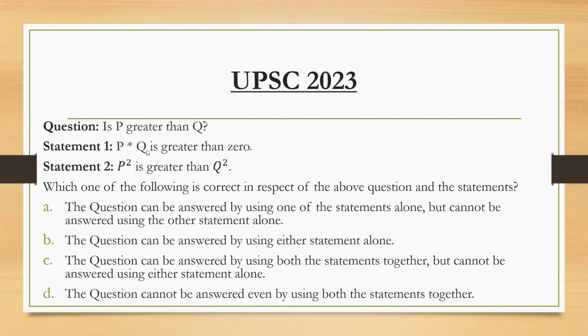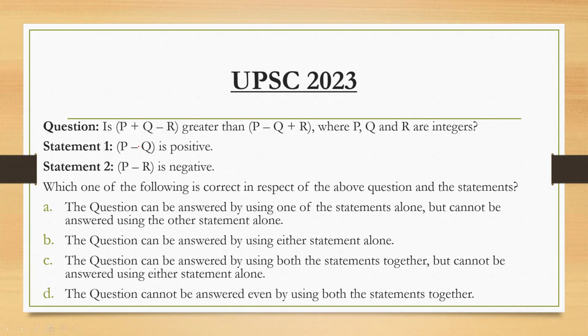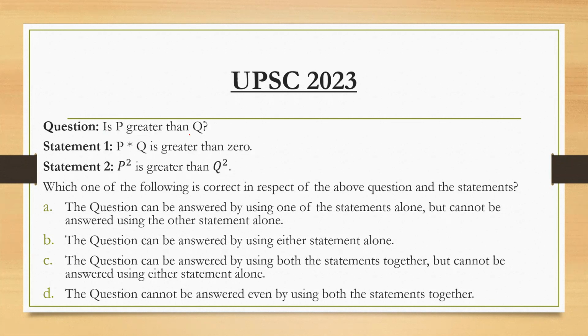So let us see here. What we have here is P into Q is greater than 0, right? Now, what can you tell about the nature of P and Q from here? It means positive. Okay. Is it necessary?